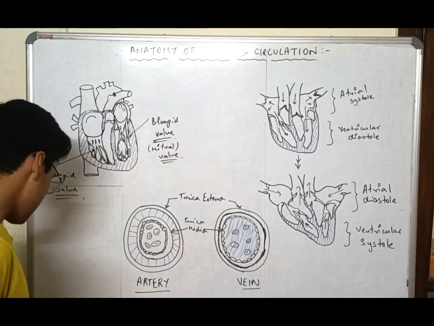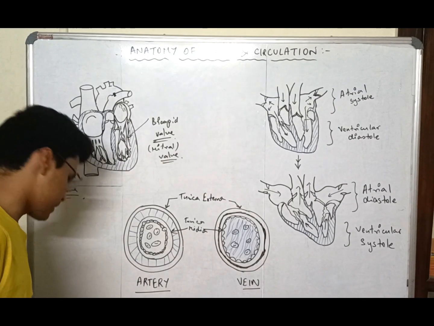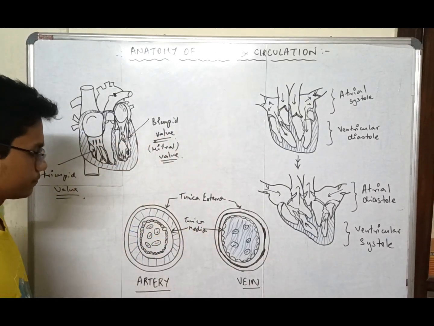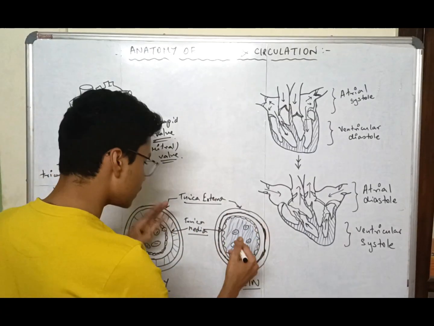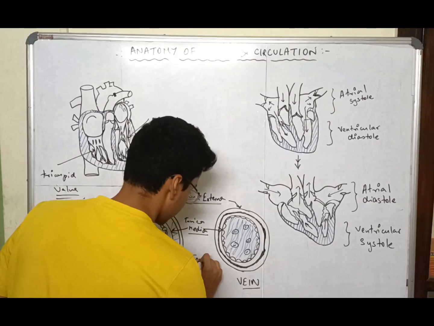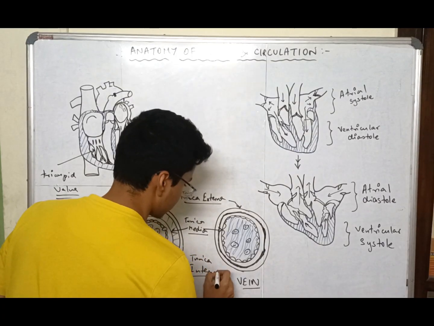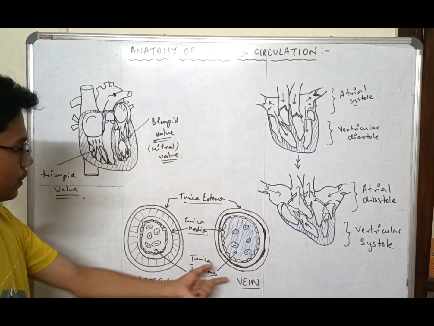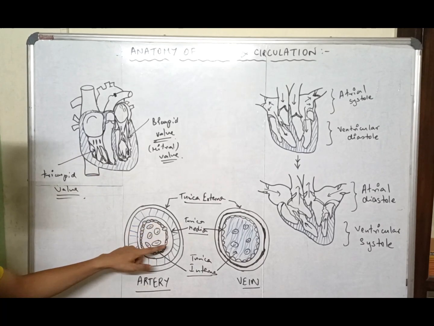If I am not wrong, I can just check it for verification. Yes, tunica media, it is correct. Tunica externa, and going further inwards, what we are observing is tunica interna. Now you'll be seeing that what are these structures?